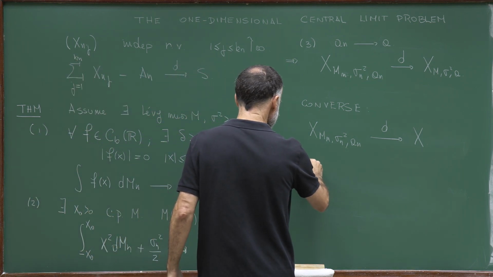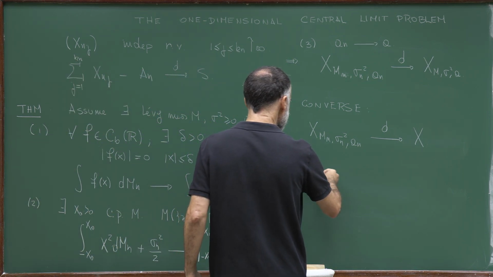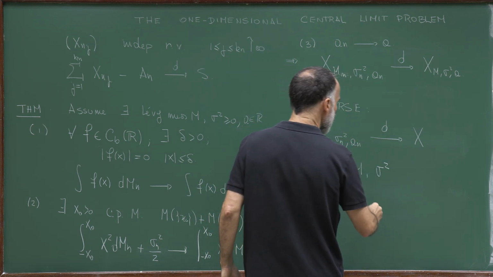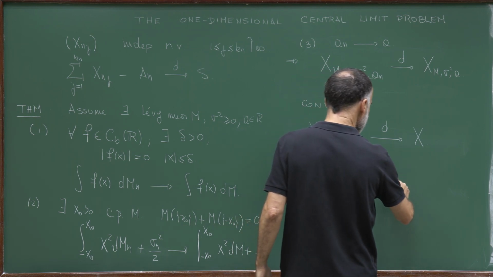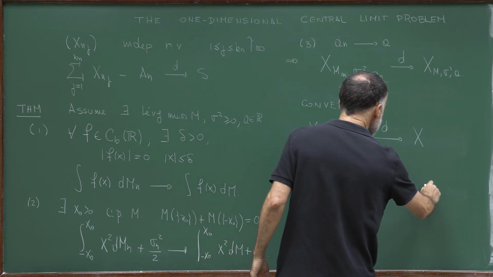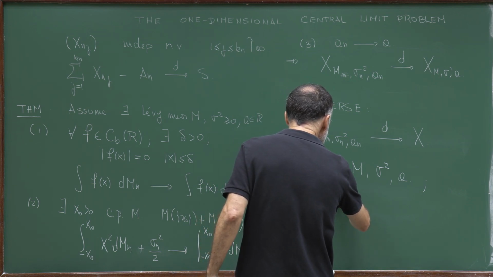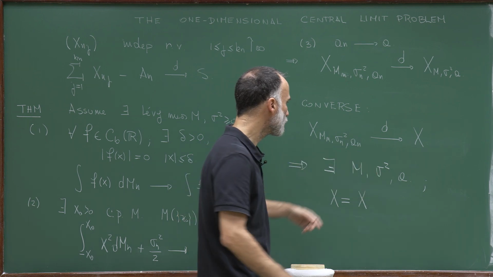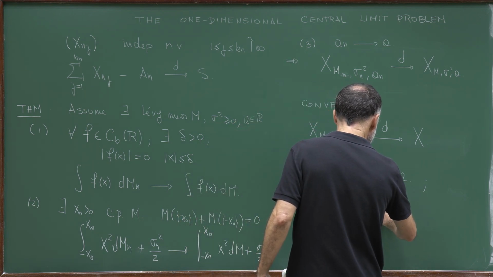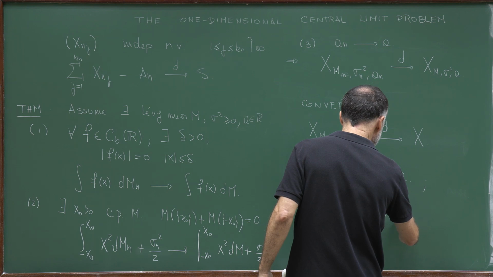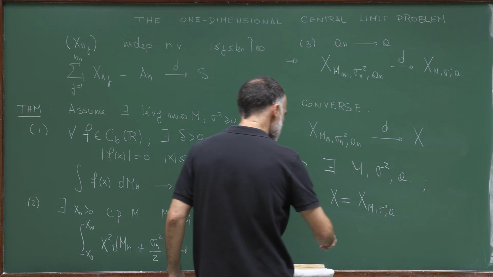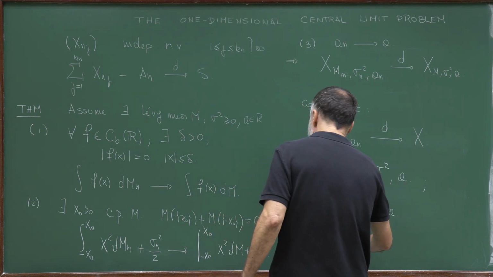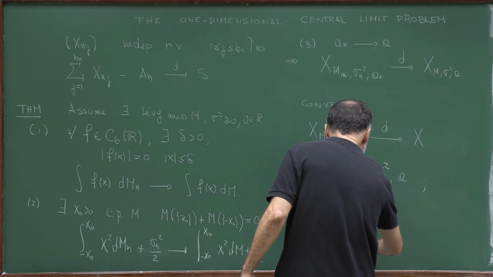Then what I claim is that there exists a Levy measure M, a non-negative real number sigma squared, a real number A, such that the distribution of X is equal to the distribution associated to M, sigma square, A, and conditions one, two, and three are satisfied.